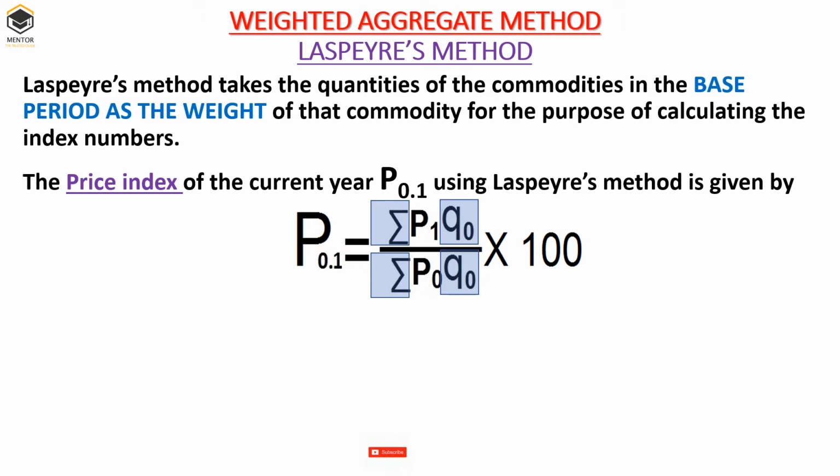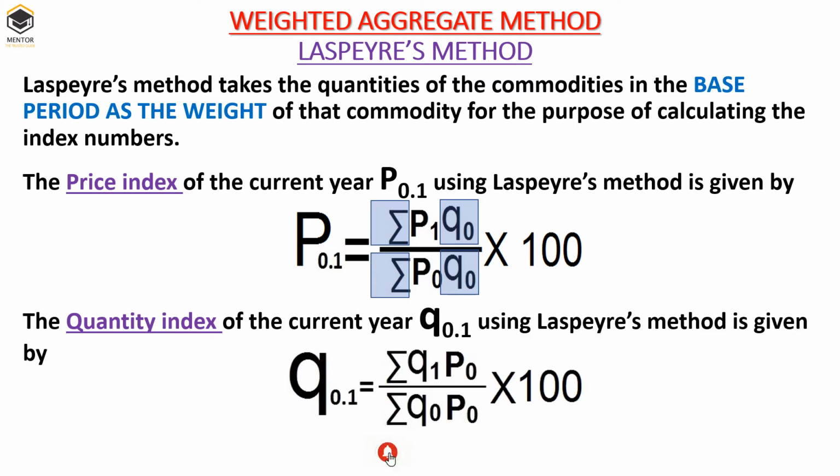If I take the quantity index, it will be the same. In place of price index we have P1, P0; here in quantity index we have Q1, Q0. In price index we have Q0 as the weight. Here in quantity index we have P0 as the weight.